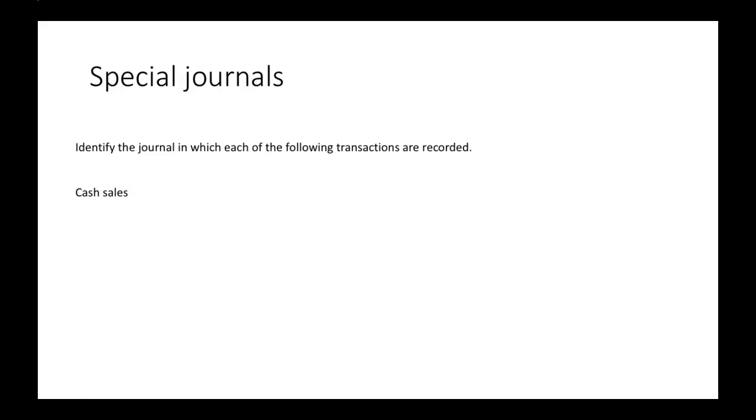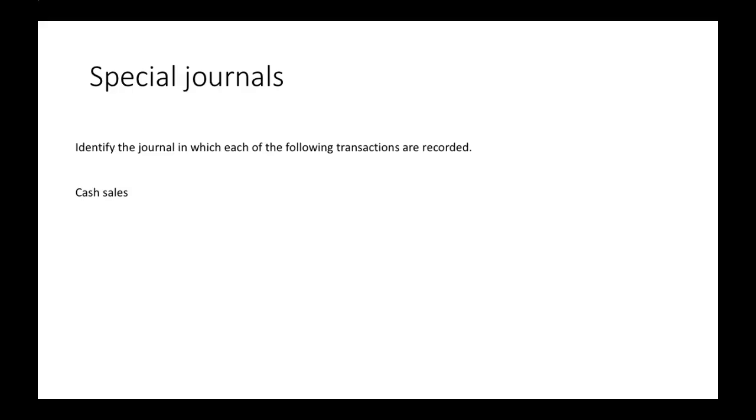So our first transaction here, cash sales. We see that word sales there, and the first thought might be the sales journal, right? That would make the most sense. However, the sales journal is only for sales of merchandise on account. So this is where asking ourselves that initial question of, is cash involved, is really going to come into play.